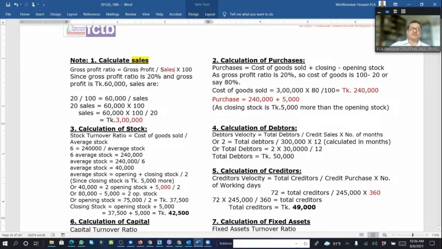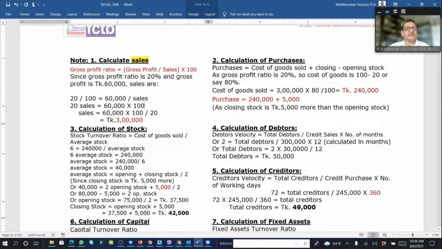Then we will be able to calculate the gross profit ratio. Since the gross profit ratio is 20%, as said in the question, and gross profit is 60,000, what would the sale be? Within that formula, if we calculate here, the gross profit ratio is 20%.